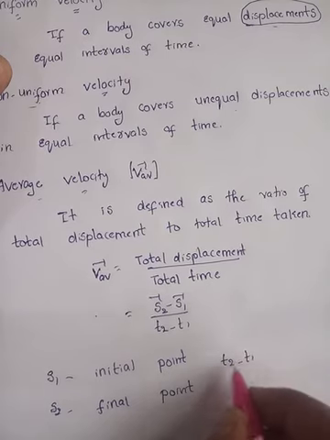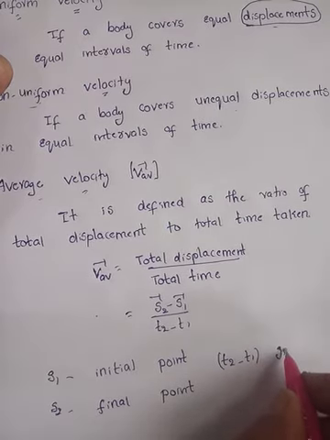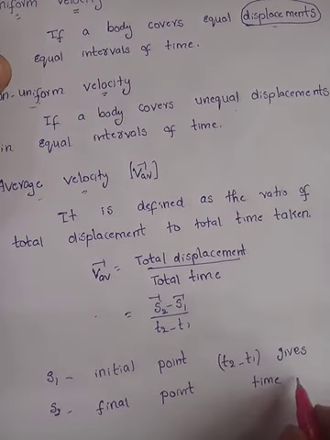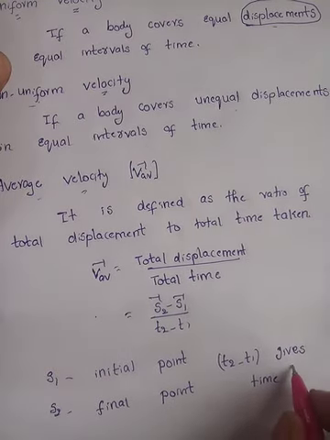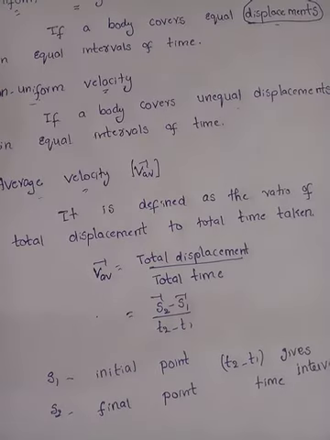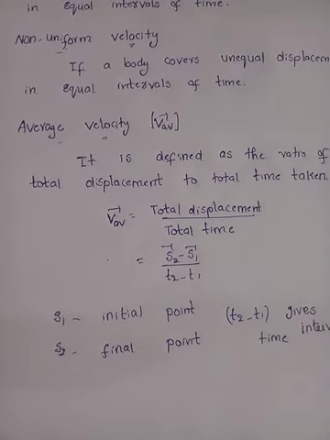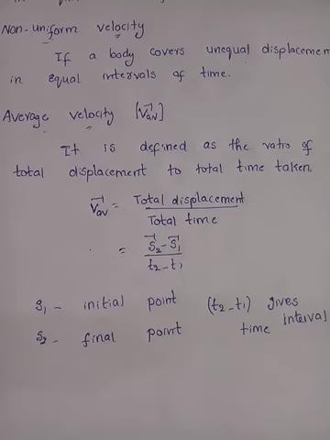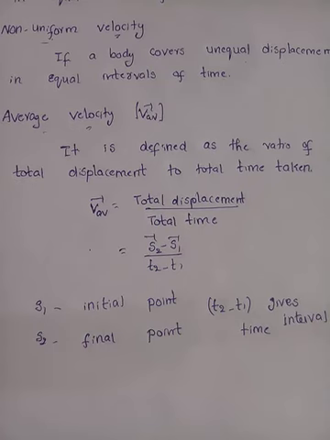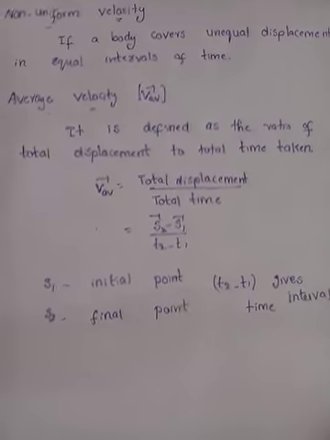T2 minus T1 gives the time interval in which the displacement from S1 to S2 has taken place. So the formula is not x1 plus x2 by t1 plus t2. Total displacement is the distance between initial and final, so we write S2 minus S1. Clear, students?